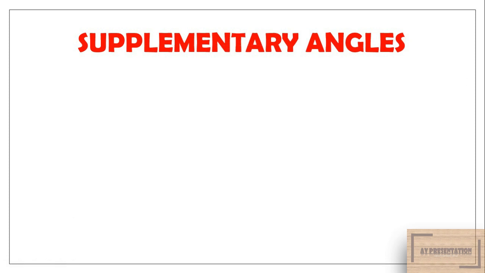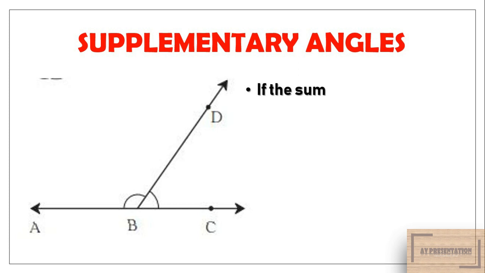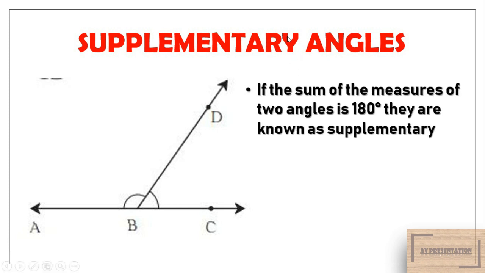Next point is supplementary angles. Student, supplementary angles means if the sum of the measures of two angles is 180 degrees, then they are known as supplementary angles. Here angle ABD and angle DBC are both supplementary angles.